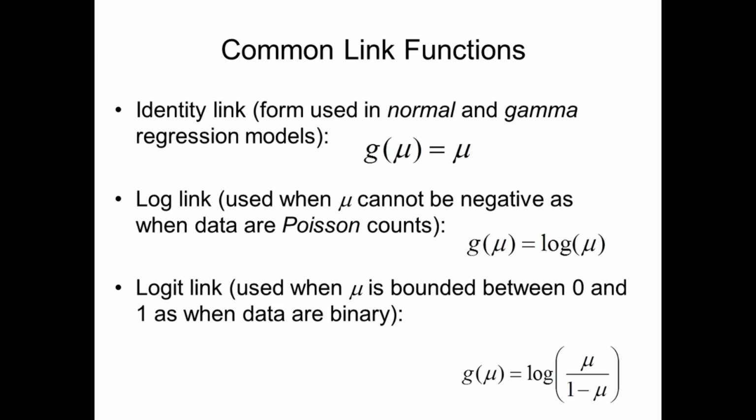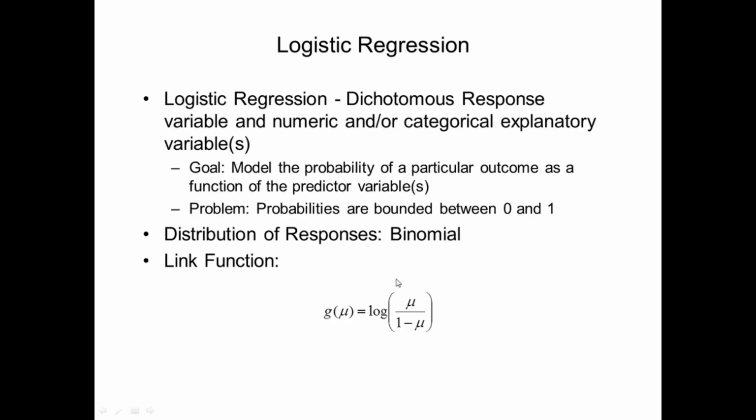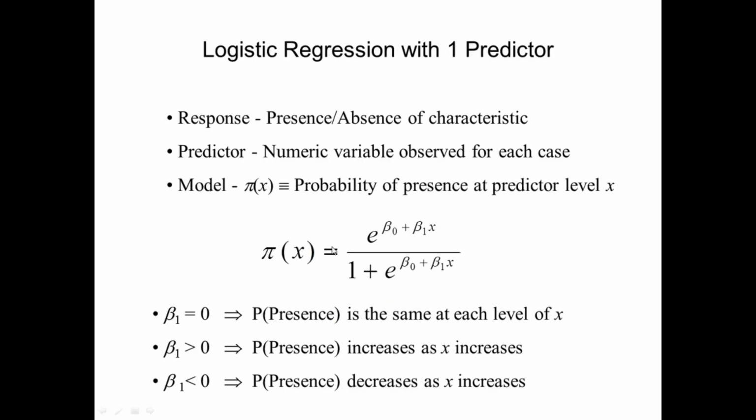In the case of logistic regression, we have a probability that can be expressed in function of some exponential function of the linear combination of explanatory variables, so that by applying the logistic link we have a linear representation of our probabilities.